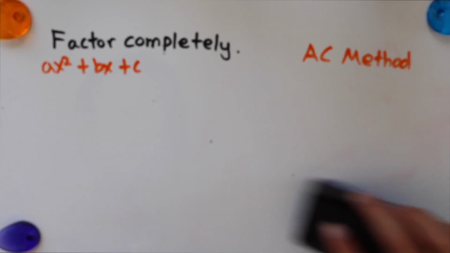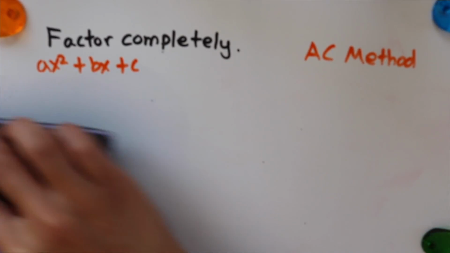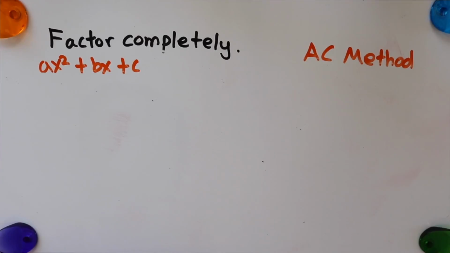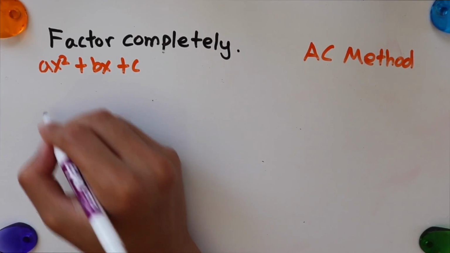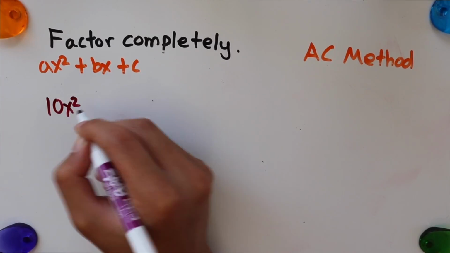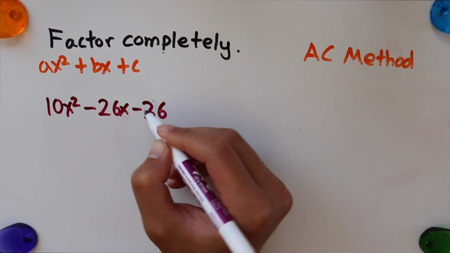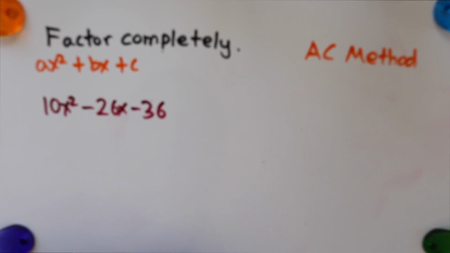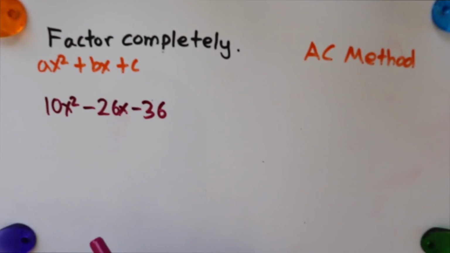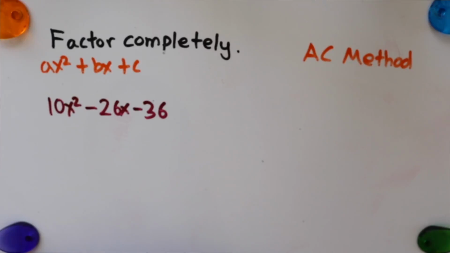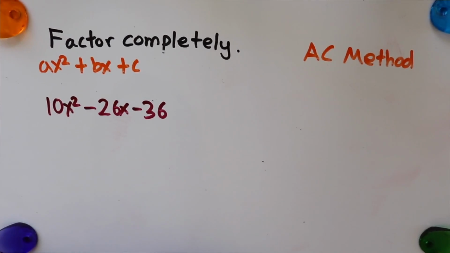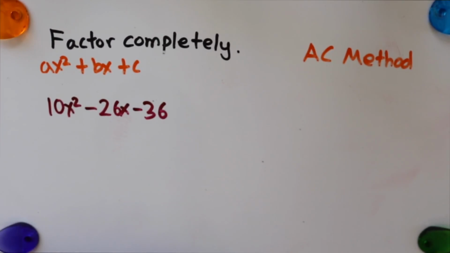So now, I have one more example to show you guys. It's going to be the hardest example, but we've already done 2, and so the AC method is pretty good with us now. So let's look at 10x squared minus 26x minus 36. These values are much bigger than the numbers in our previous quadratic expressions.